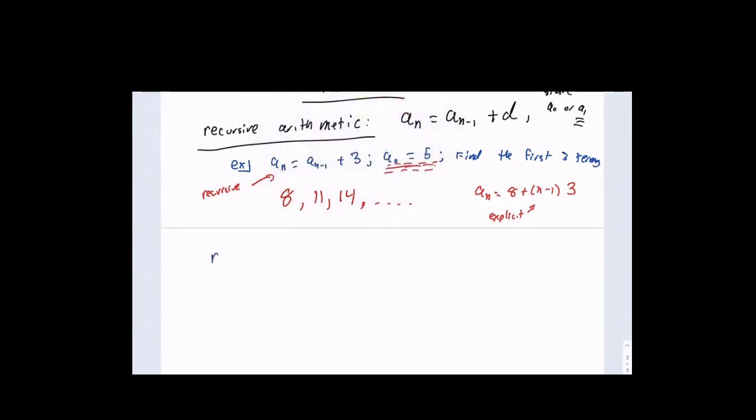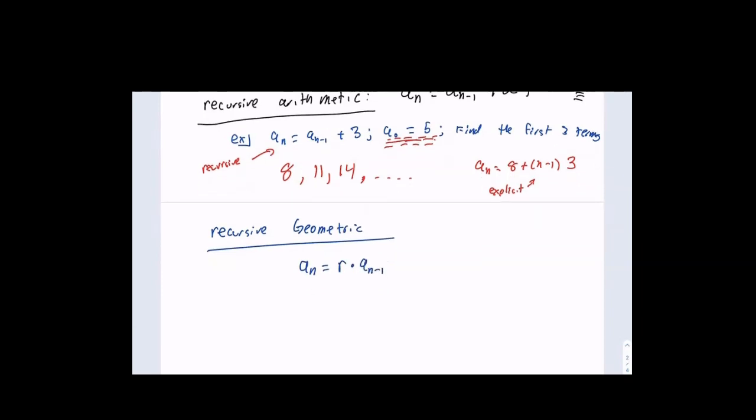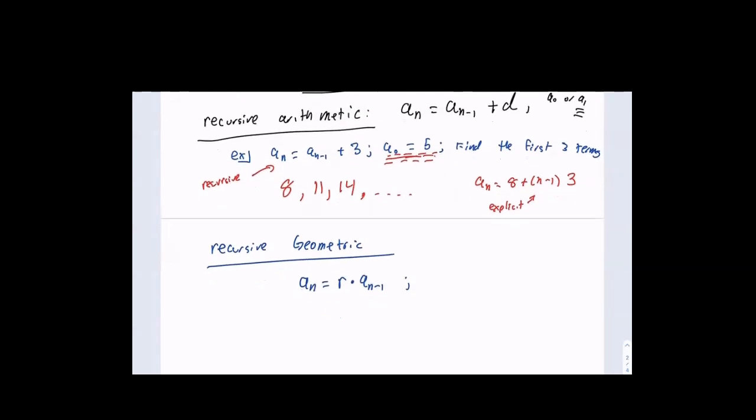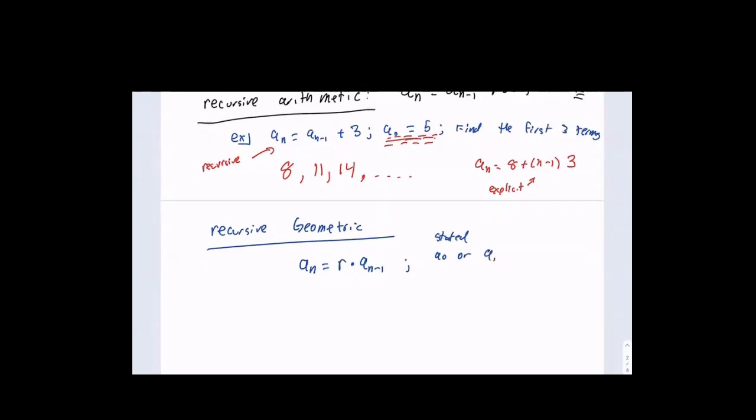The next one is we have recursive geometric, which is written as a sub n equals r times a sub n minus 1, given also with a stated a0 or a1.